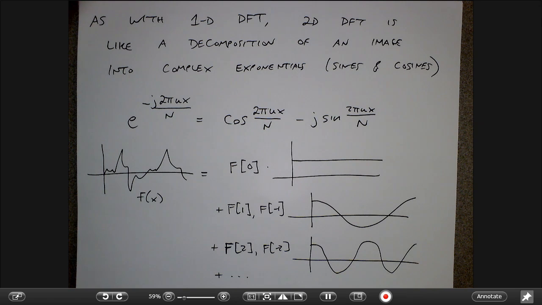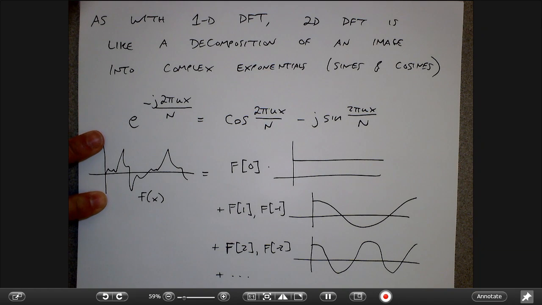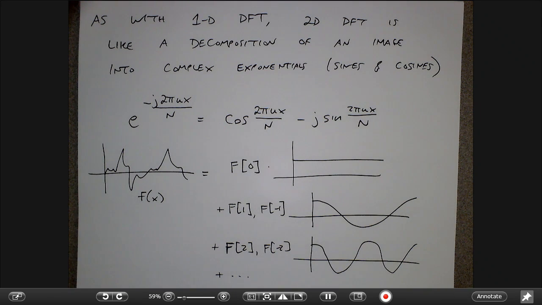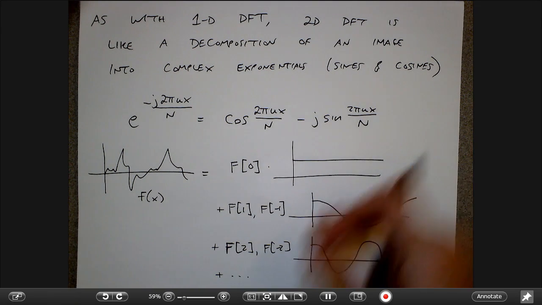A good way to think about this, and we're going to think about this throughout this lecture and also the one next Monday, is that we're taking the original signal or the original image and writing it in terms of a different set of basis functions. So here we're representing the signal in terms of the value at every pixel, which is like the time domain or the spatial domain basis.